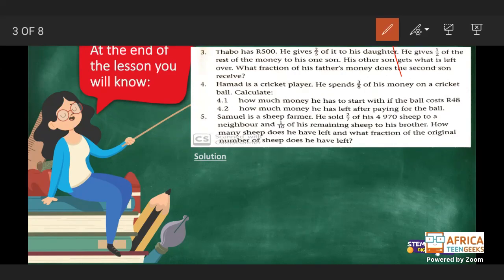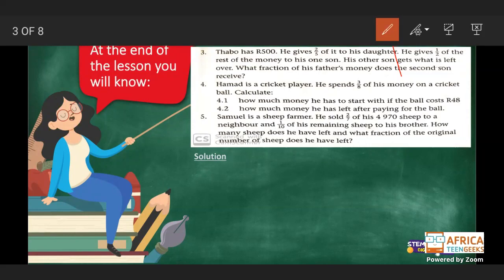He sold 2/7 of his 4,970 sheep to a neighbor. So Samuel sold his sheep to a neighbor. How many sheep? They didn't tell us the number, but they told us the fraction, which is 2/7 of his 4,970 sheep to his neighbor.